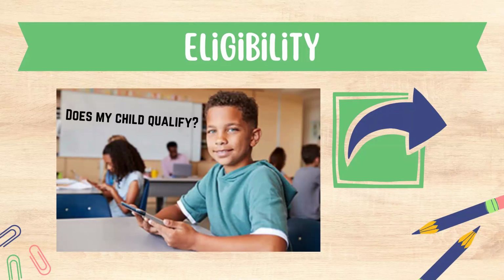What does this mean? To understand whether your child qualifies under this definition, it is helpful to break down the key terms used, that is, impairment, substantially limits, and major life activity. So let's do that.